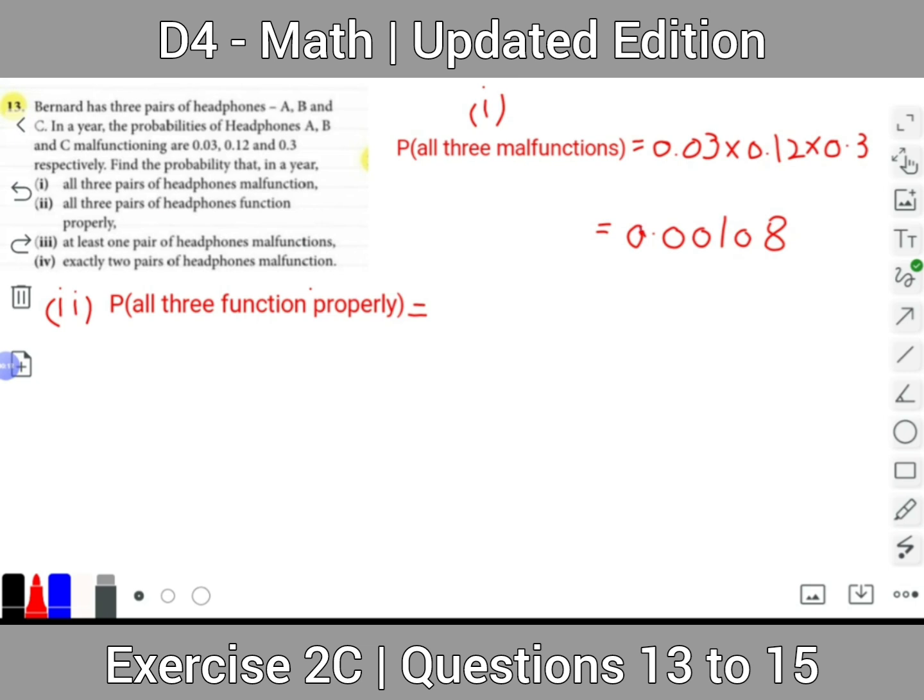and we want to find out the probabilities of functioning of the headphones, we will just simply take away the probabilities of malfunctioning from one, one by one. So here we have 1 minus 0.03, and we will apply the multiplication law of probabilities here, and here we have 1 minus 0.12 multiplied by 1 minus 0.3, and now we will one by one subtract the values from 1.